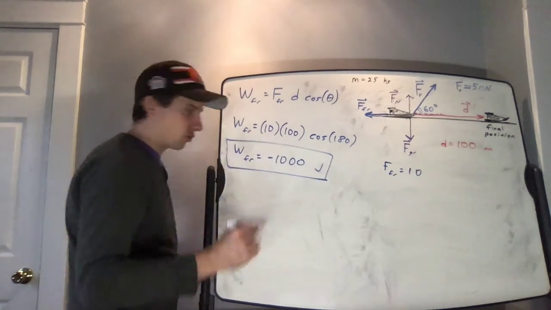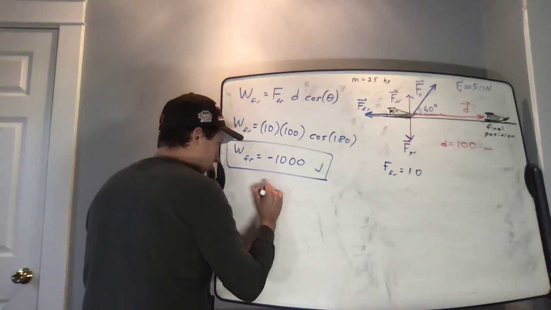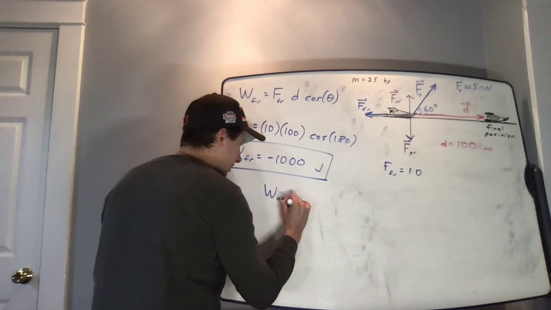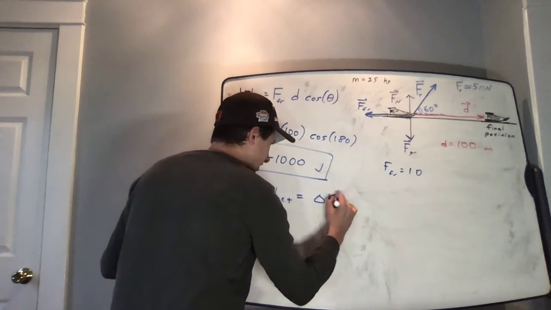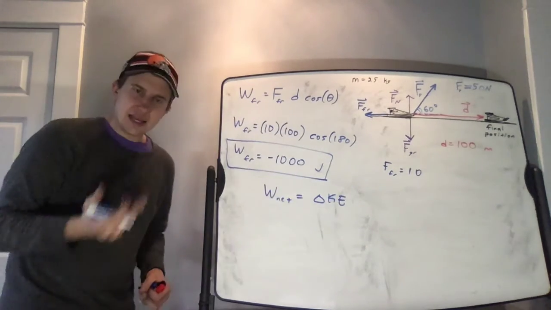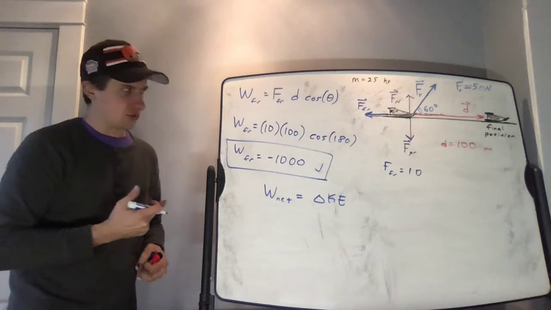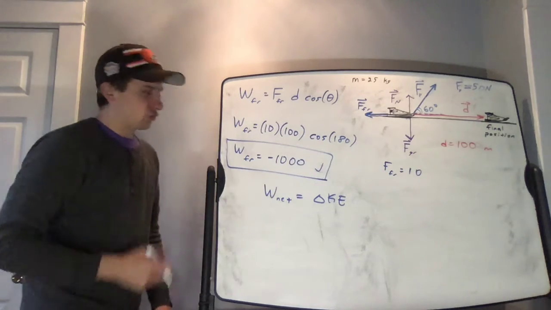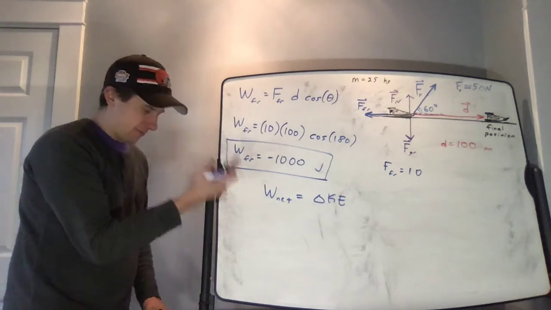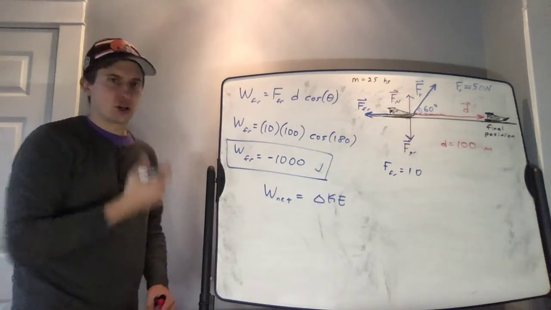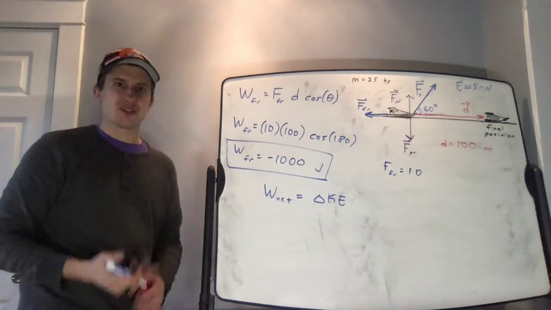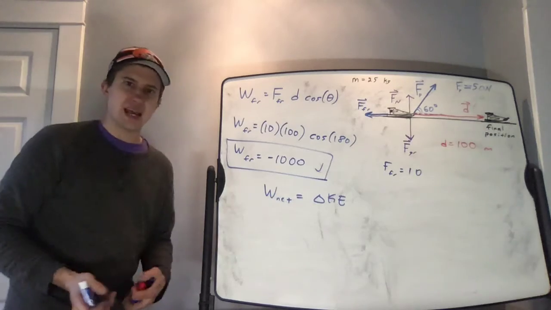So I still have the work kinetic energy theorem just like before. I still have W net equals the change in kinetic energy. Now I have four terms that will contribute to W net. The friction force will do work, the pull that I give will do work, gravity and the normal force also technically contribute to W net.